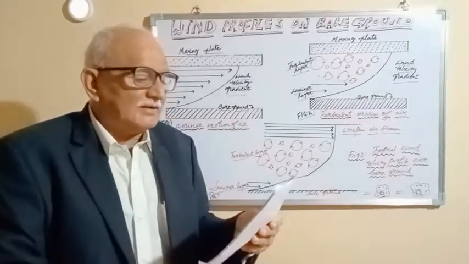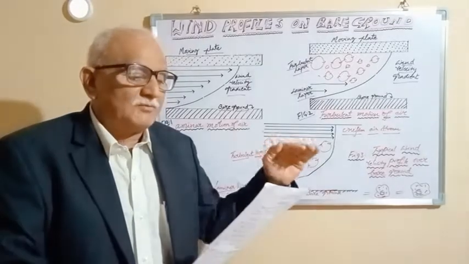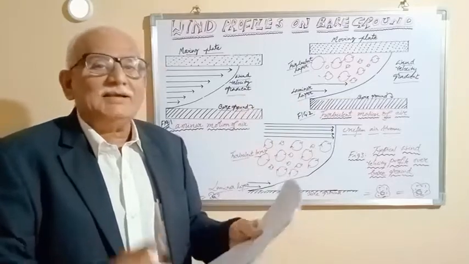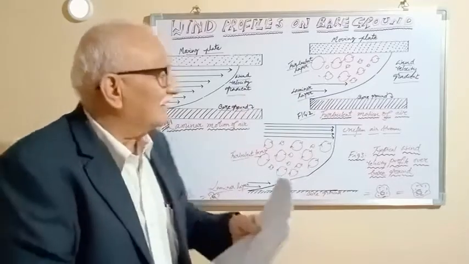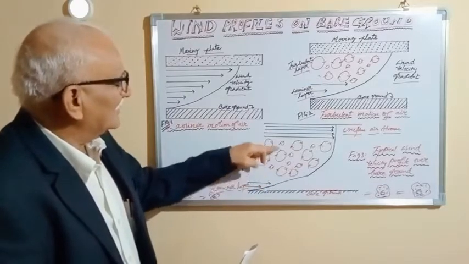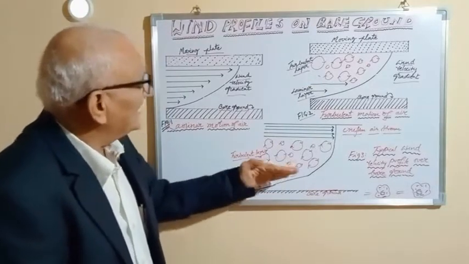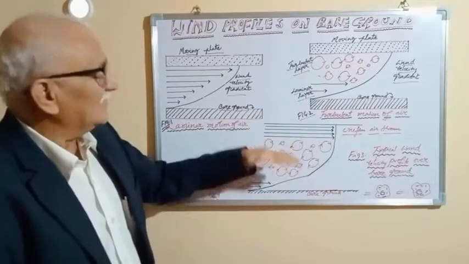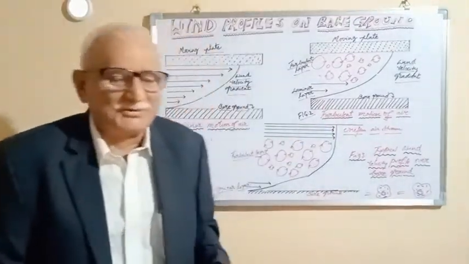Air crossing from one layer of the atmosphere to another layer carries with it the average properties of the layer from which it is going. So this is what I would like to discuss with you.